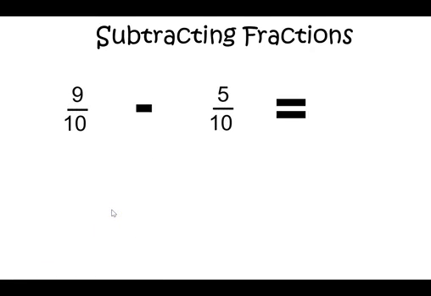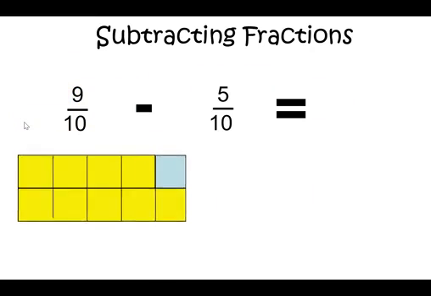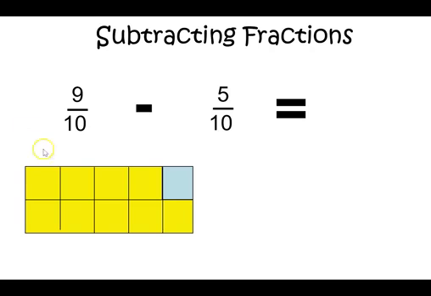All right, if I want to find the difference in this subtraction problem, 9/10 minus 5/10. Well, what does 9/10 look like? Check it out. 9 out of 10 here, so this fraction shown is 9/10. Well, if I am subtracting, finding the difference, I am getting rid of 5/10.